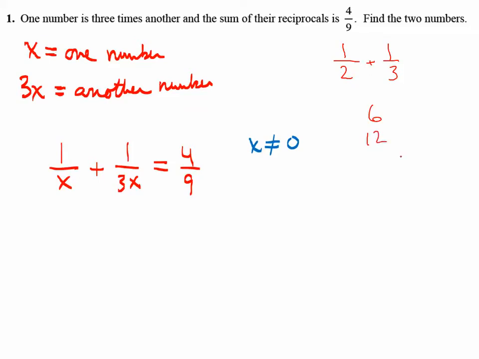Would 12 also work? Yeah. Would 18 also work? How about 24? See how we can go on and on with this common denominator. We can go on forever. But the least common denominator is the smallest number that both of these numbers will go into evenly. That's what they mean by the least.